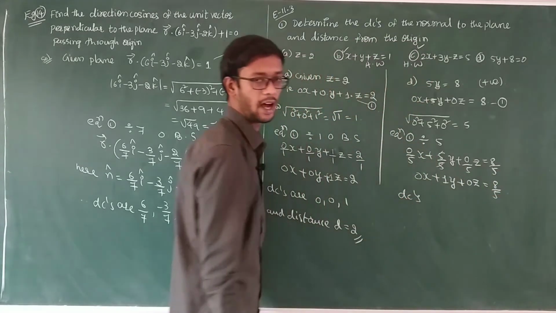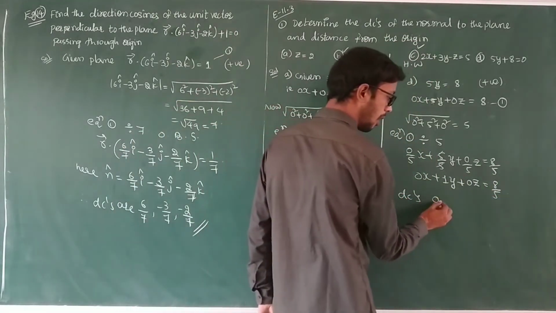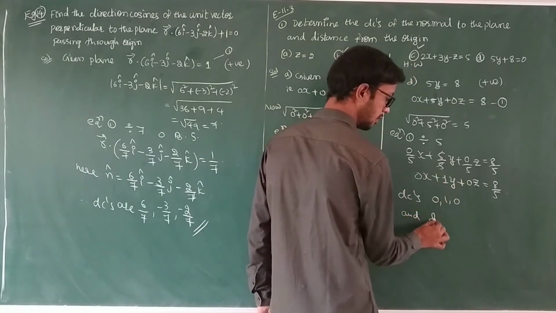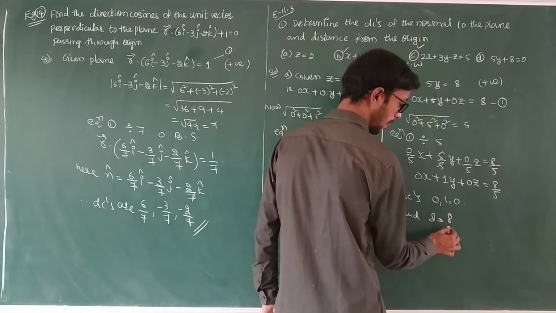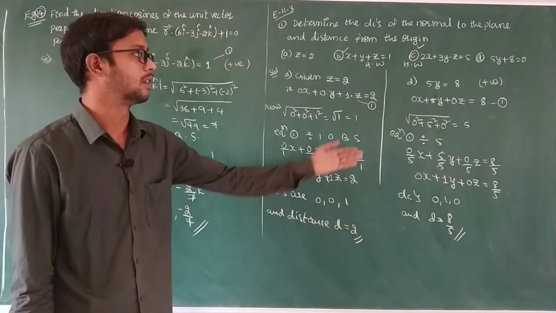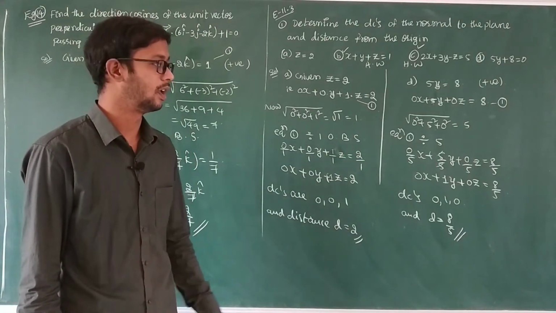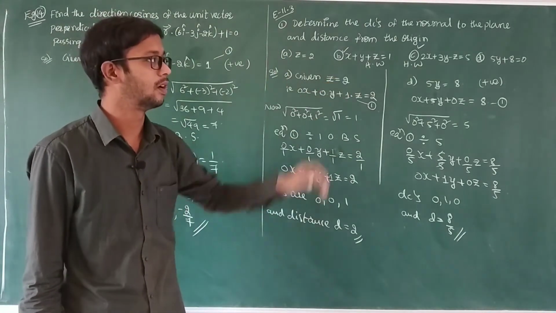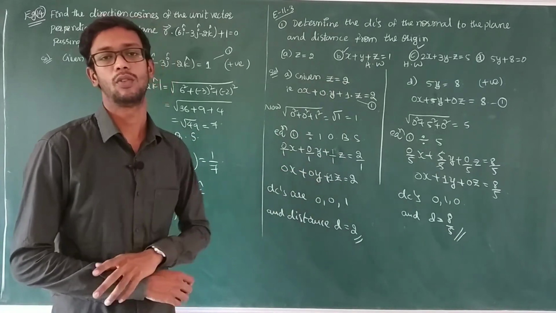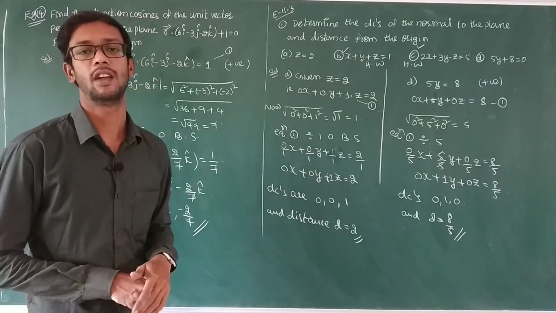Direction cosines are 0, 1, 0 and distance d is equal to 8 by 5. So this is problem number D. First problem D done. Next B and C: similarly we have to solve the two problems, take them as homework.